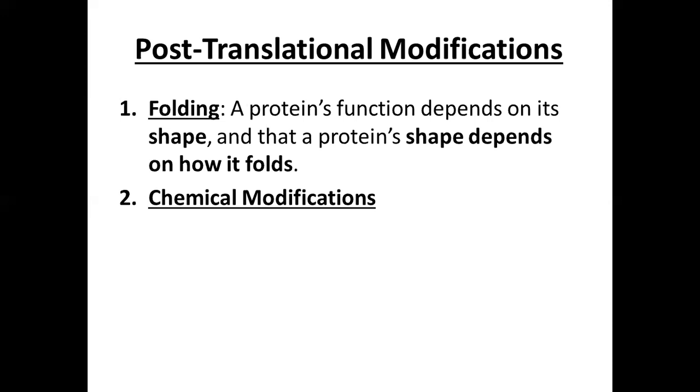Then the other modifications are chemical modifications. Chemical modifications simply entail the addition of chemical groups or functional groups. It also entails proteolytic cleavage of the polypeptide chain. Under chemical modifications, we can have the addition of carbohydrate functional groups. We can have the addition of phosphate groups, which will lead to phosphorylation.